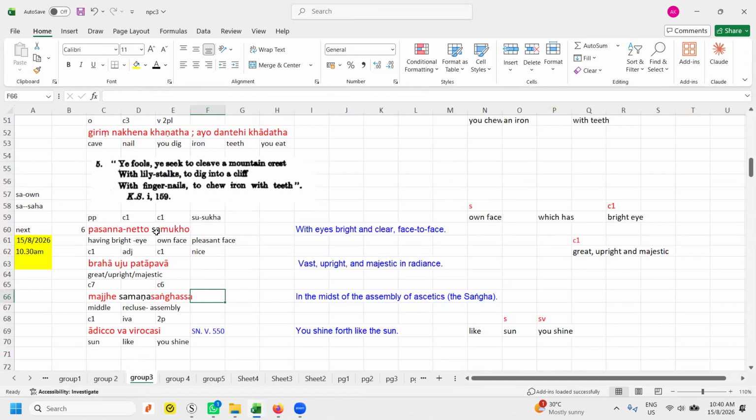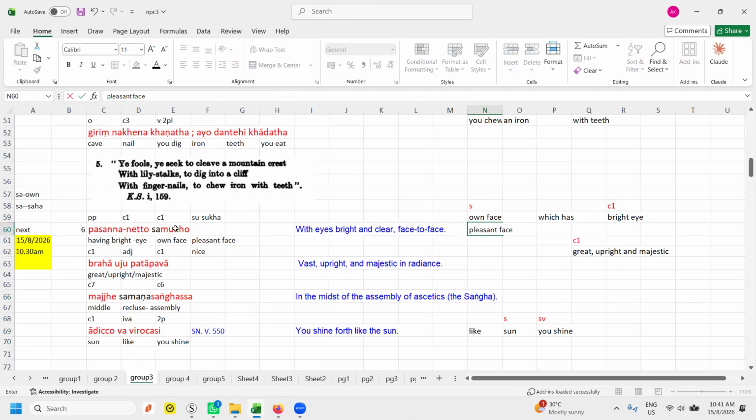It means you see this go here, that means this should be the subject. Then you see, assuming that is sumoko, pleasant face. And can you see this NATO also has nominative?